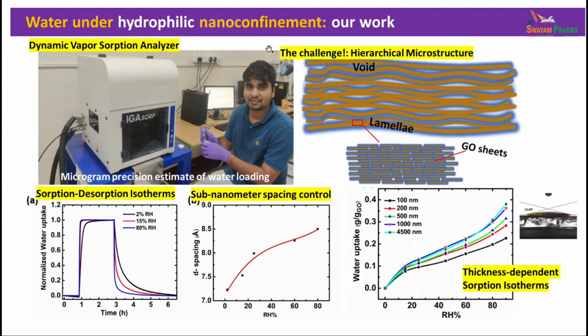So he did this study. Among the tools we used, dynamic vapor sorption is a technique where you can study how tiny amounts of water get loaded and unloaded in a system under controlled humidity and temperature conditions. And we looked at how the spacing is exactly controlled at the sub-nanometer level.